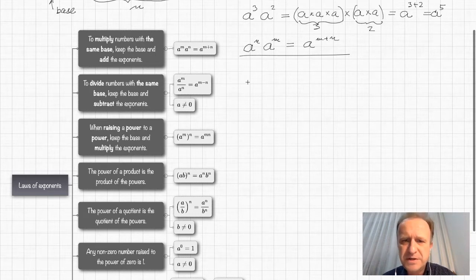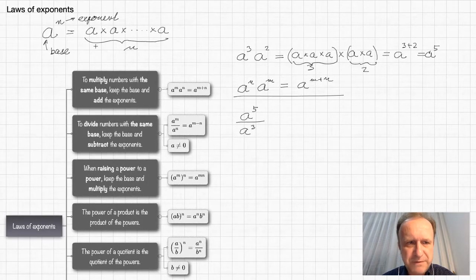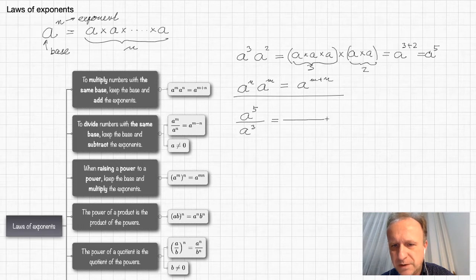Now, to give you an example of why this works, let me start with particular numbers. Say a to the power of 5 divided by a to the power of 3. Imagine you have something like that. If you use the definition of the power, what you get is that in the numerator you have a multiplied by itself 5 times, so it's a times a times a times a times a.